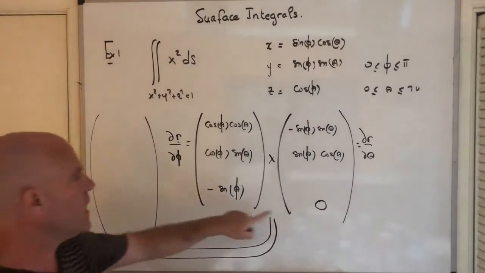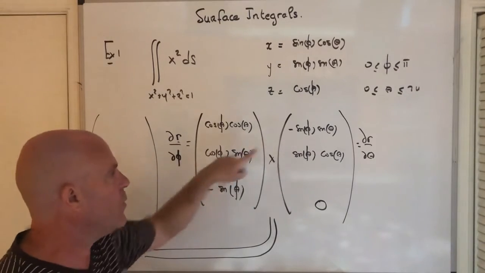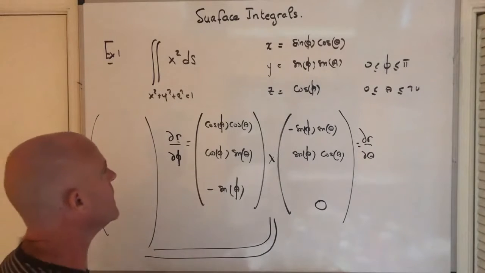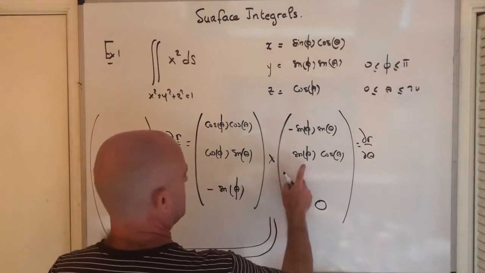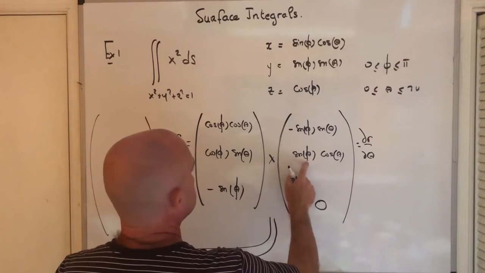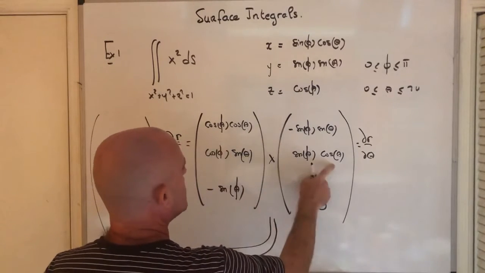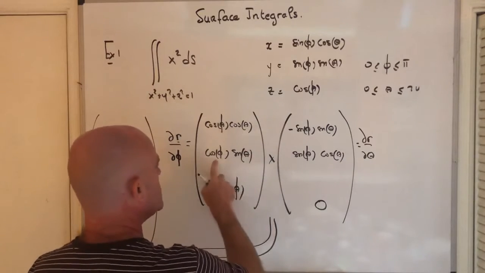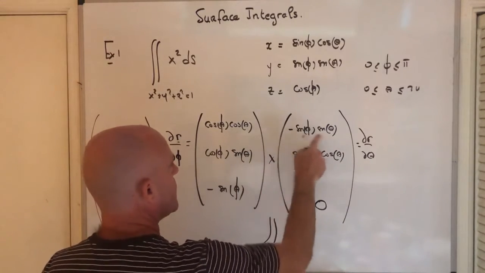Let's compute first of all the last component. It's going to be the most delicate one, because I need to compute the determinant of this, but you'll see a lot of things simplify. We're going to get sine phi cosine phi times cosine square theta, plus cosine phi sine phi times sine square theta.